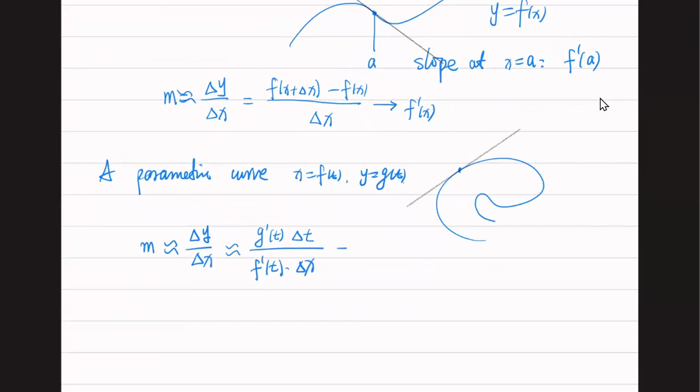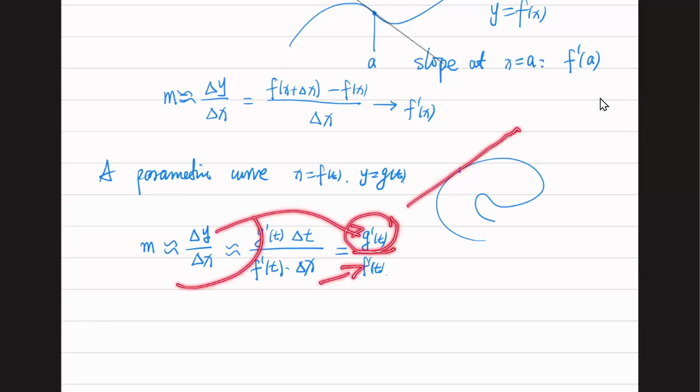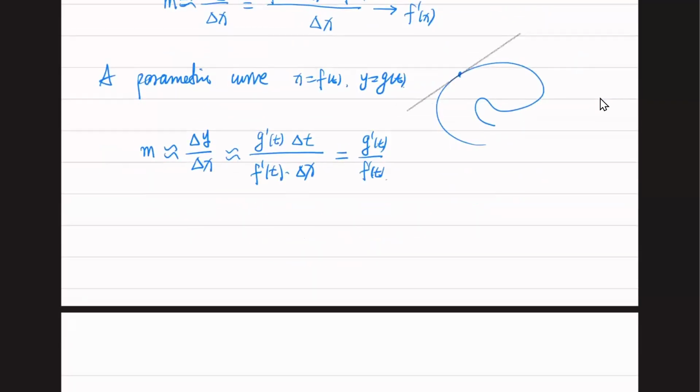They cancel each other, so if we have a parametric equation, then the slope will be the quotient of the two derivatives, the y component over the x component.